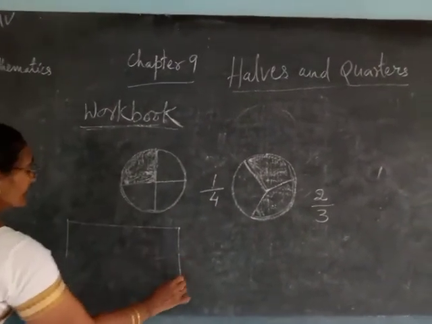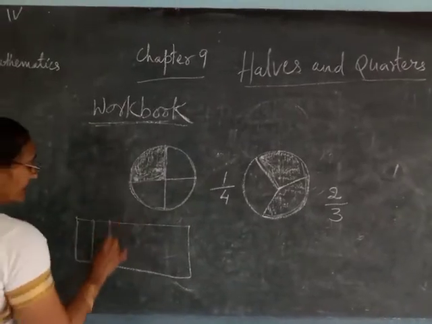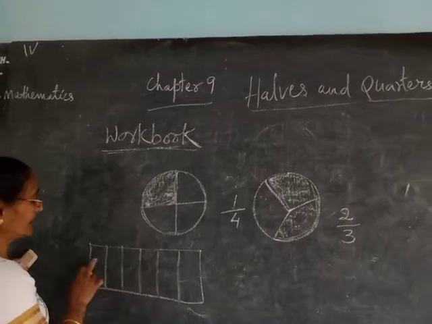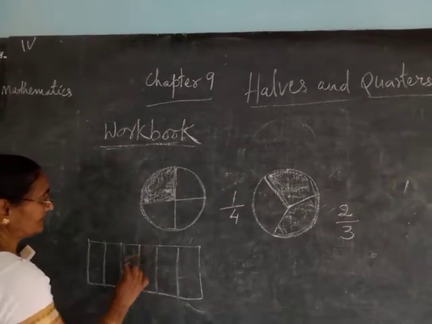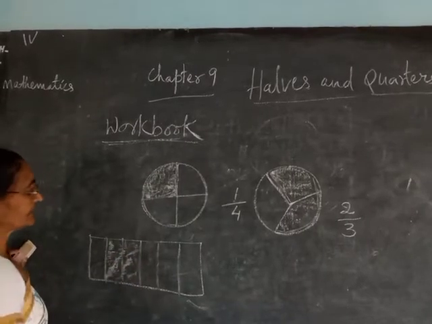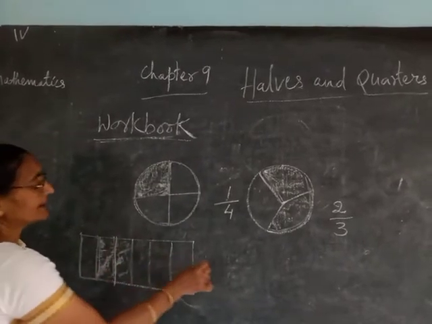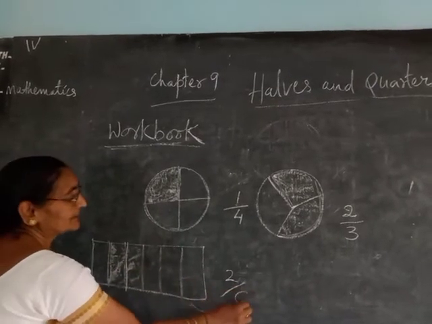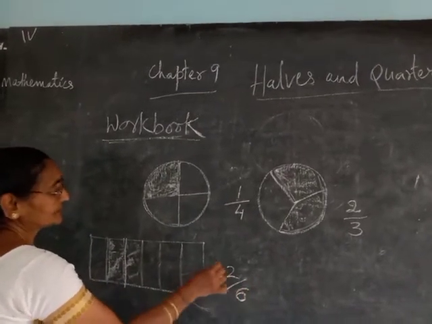Suppose this is divided into 6 parts. The shaded portion: how much is that? 2 parts are shaded. Then how will we write? 2, then 1, 2, 3, 4, 5, 6. So total is 6 parts. So 2 by 6.